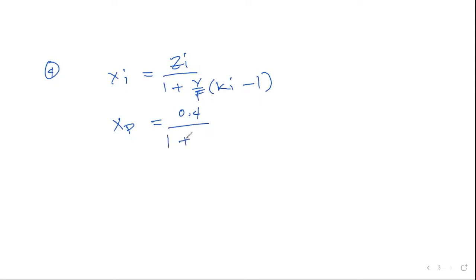Tapos ito ay 0.64 yung ating B over F. Tapos ang K sub I natin is 1.67 minus 1. So ang XP natin ay 0.28.